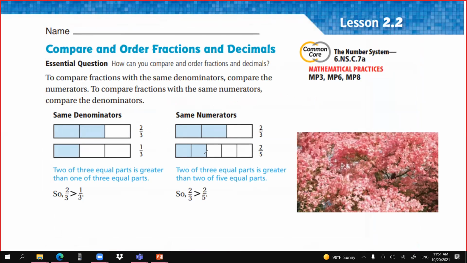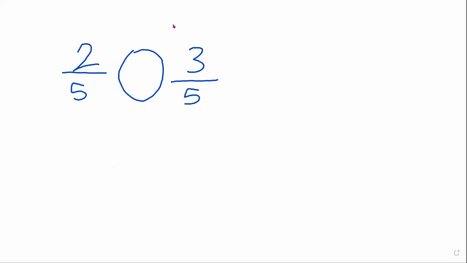Like, if you have 2/5 and 3/5. Now, these two fractions have the same denominator, as you see here.